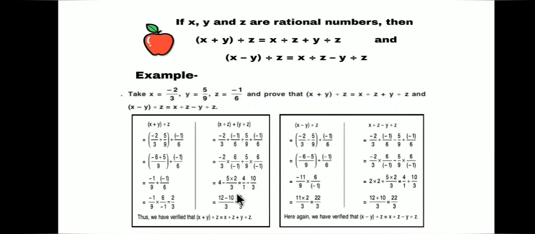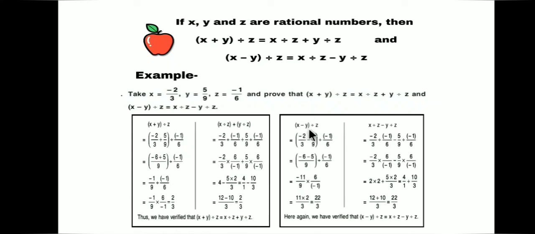We will make the denominator common, 12 minus 10 upon 3. Now we got the answer as 2 upon 3. In both the cases the result is same. So we can say that x plus y divided by z is equal to x divided by z plus y divided by z.